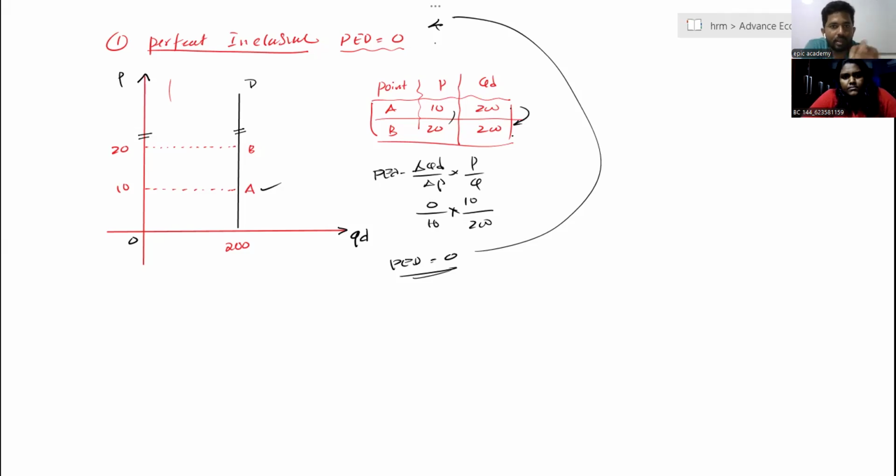So now you can identify this type of elasticity can be seen in practical situations also. It is a practical situation. It is not an assumption. Just try to grasp the curve and the calculations, and also the examples: the usage of electricity and the LP gas demand from urban people.